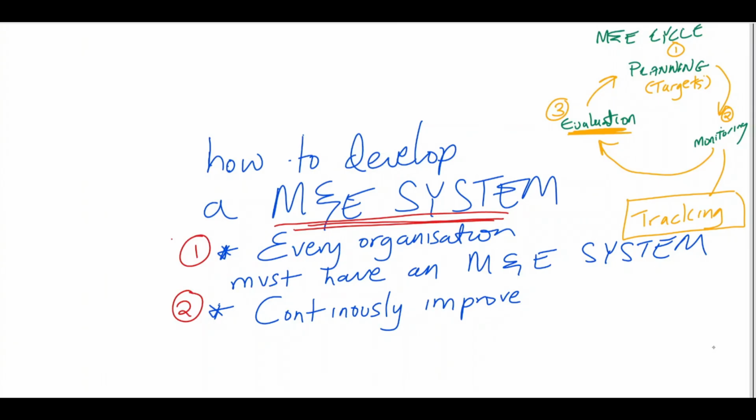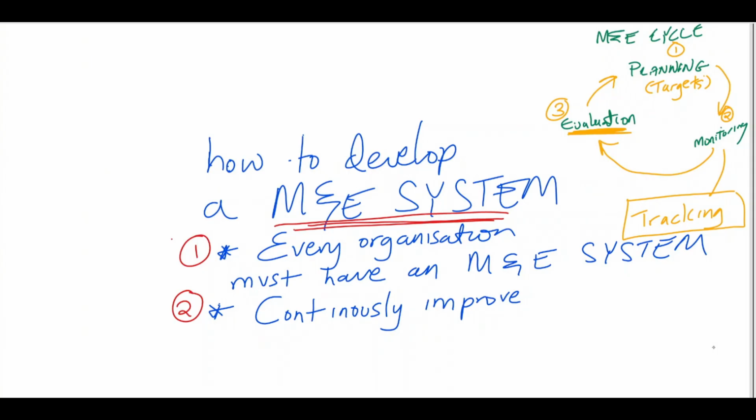Now, the thing is that you cannot assess yourself. Okay, I'm trying to give you a picture of a simplified version of what we are going to discuss. I haven't really zeroed in on the M&E system yet, but I want to set the pace so that you understand what we're going to discuss.